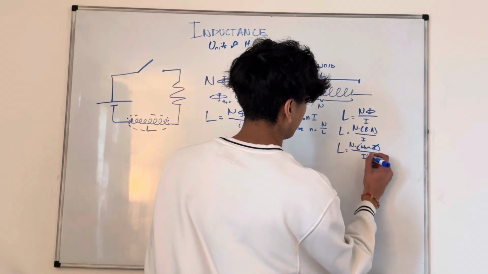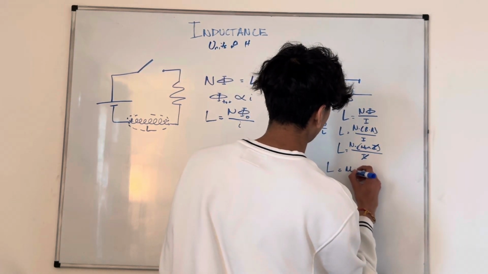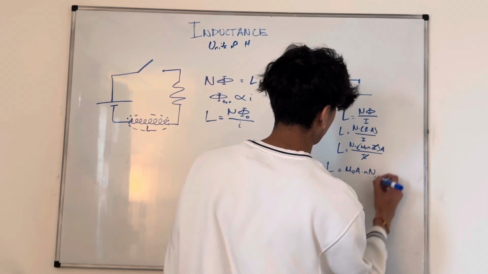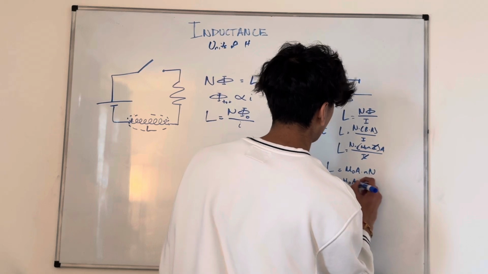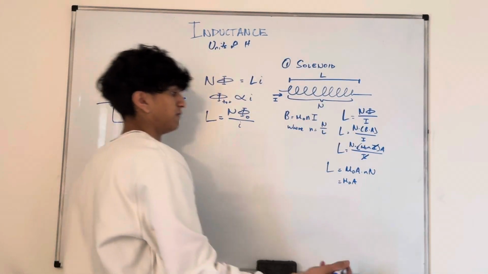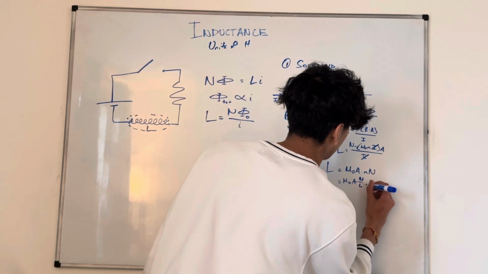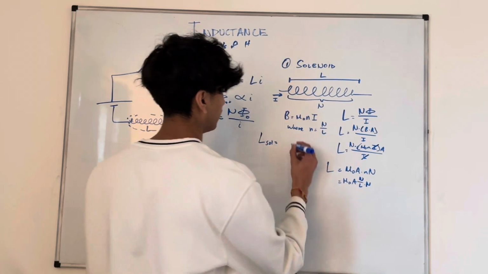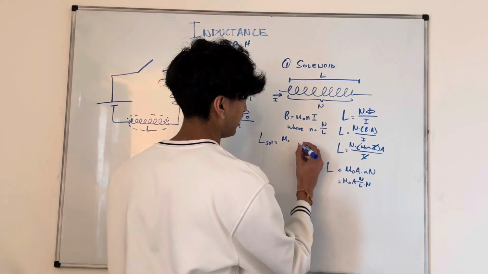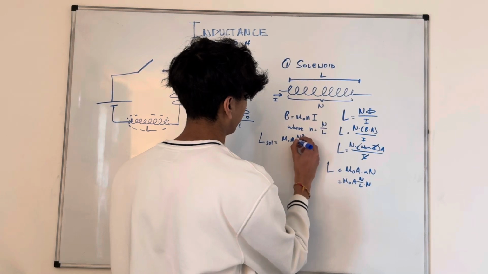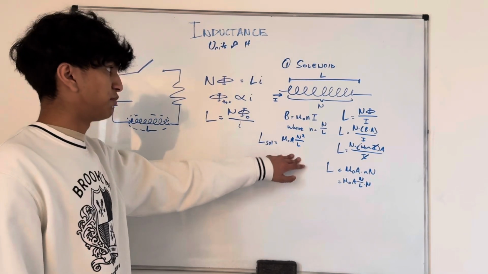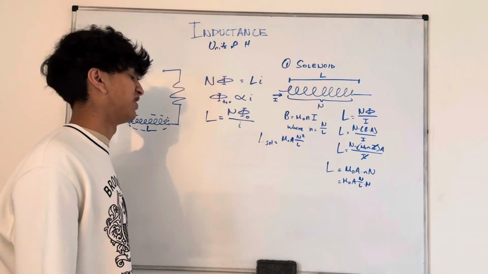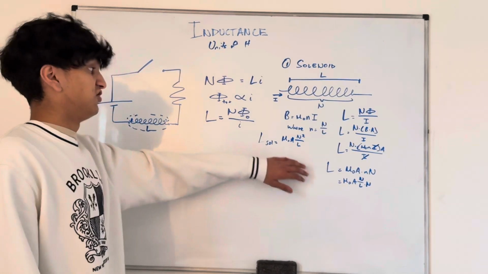So boom, I get L equal to mu naught times area times little n times big N. Little n is just N over L, times N. So I really get that the inductance of a solenoid is equal to mu naught times area times N squared over L. These are all physical properties of the solenoid, except for the magnetic permeability constant of free space, but these are all physical quantities.